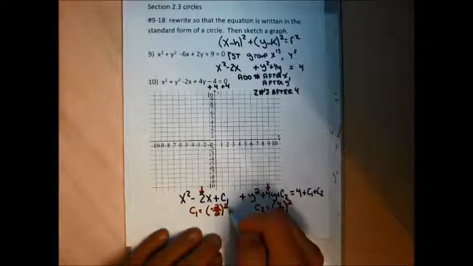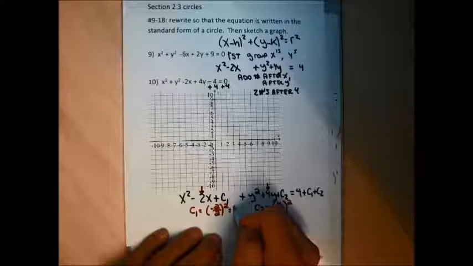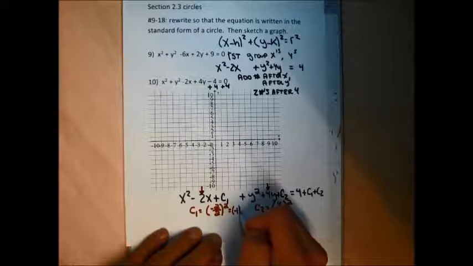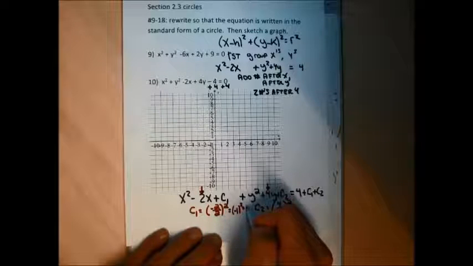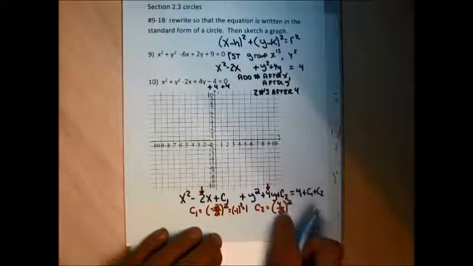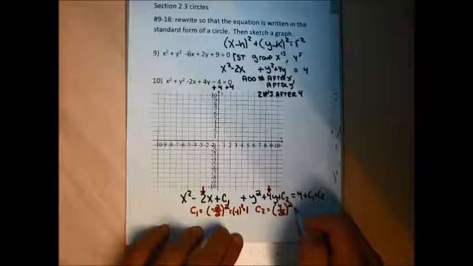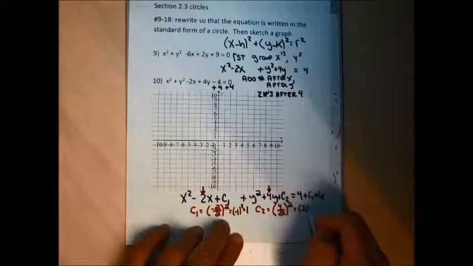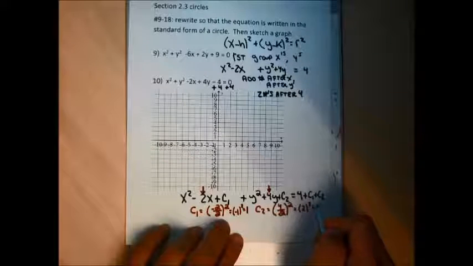For the C1, negative 2 over 2 is negative 1, and negative 1 squared is positive 1. For the C2, 4 divided by 2 is 2, and then 2 squared is 4.